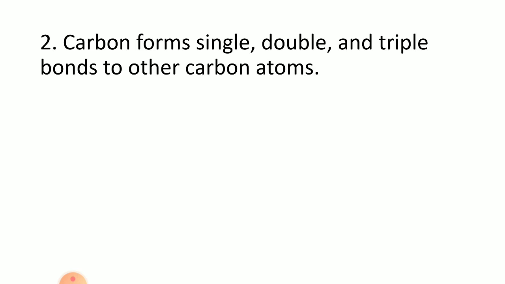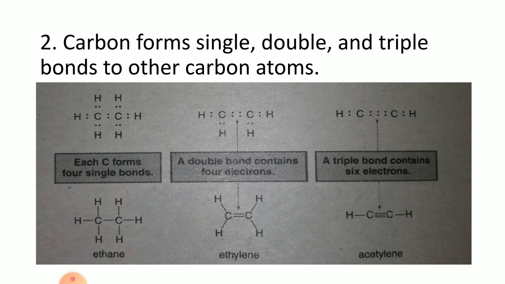Next, carbon forms single, double, and triple bonds to other carbon atoms. So when a compound contains 2 or more carbon atoms, the type of bonding is determined by the number of atoms around carbon. Consider the 3 compounds drawn here.